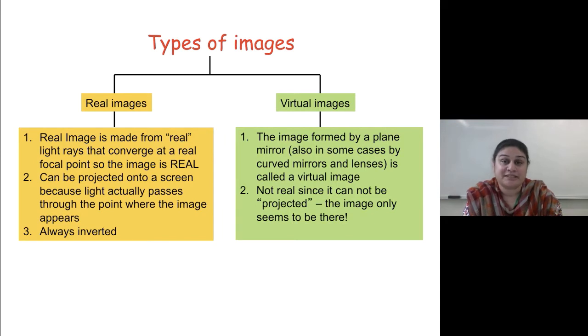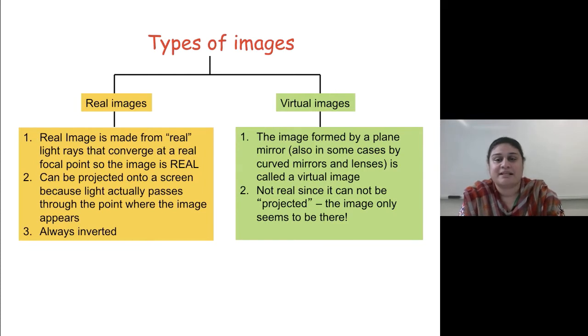There are two basic types of images. There are real images and then there are virtual images. Real images are those formed by real light rays that converge at a real focal point, so the image can be thought of as real. It can be projected onto a screen because light is actually passing through the point where the image appears, and it's nearly always inverted.